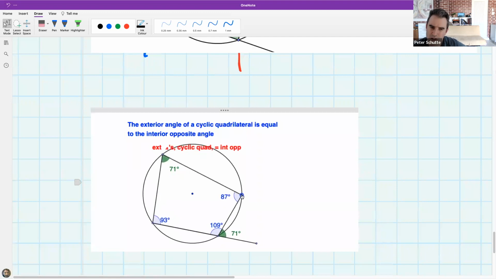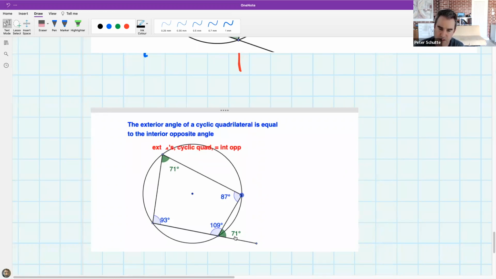So how would we describe this in words? If I wanted to say, what's this angle on the outside called? And Sia Tokoza has also said green angles remain the same. How would we describe this relationship? So yeah, Sino has said the exterior angle, the one on the outside, I definitely agree, is equal to the interior opposite angle.